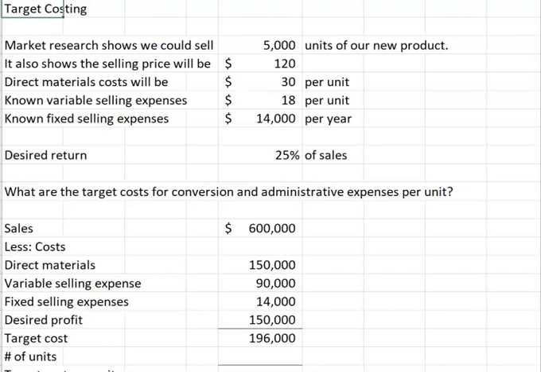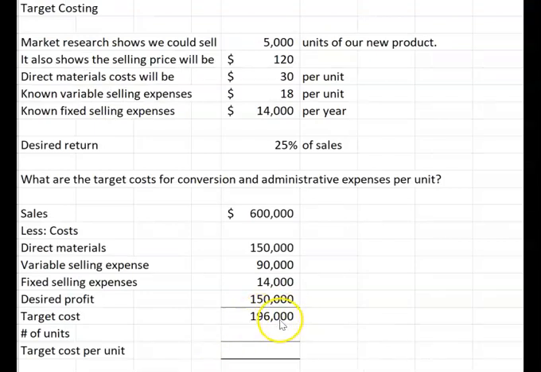If we want to know the target cost per unit, then we need to divide that target cost by the number of units. So the target cost, the most we can spend to make these units, is 196,000. We will be making 5,000 units.